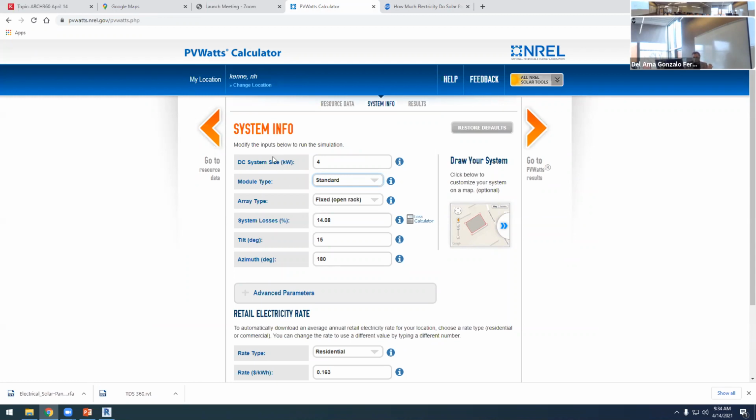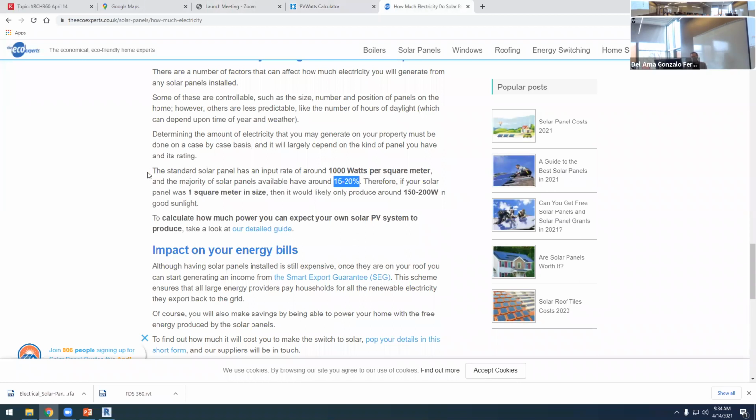Now, once we have turned sun into electricity, then to transport this electricity that we generate in the PV panel to our computer, because it runs on electricity, we lose 14% of this. But out of the sun that hits the panel, only 15% of this total energy can be turned into electricity.